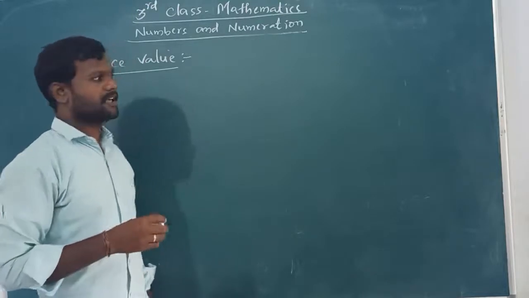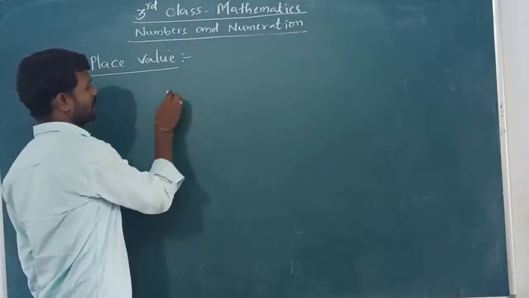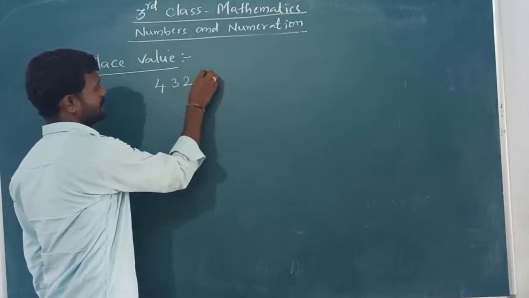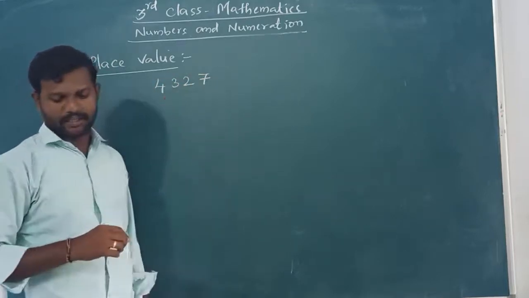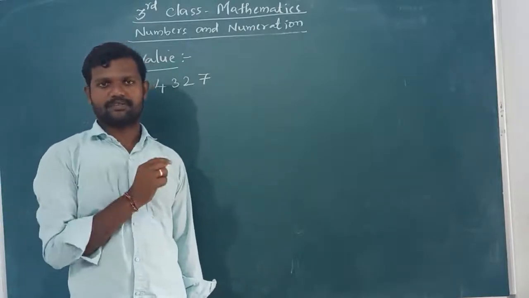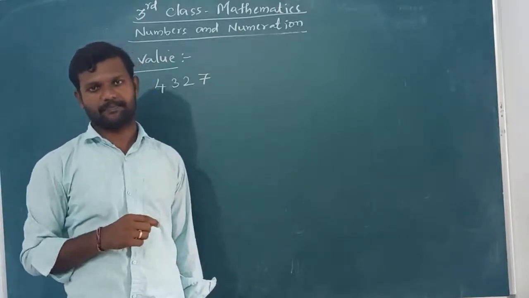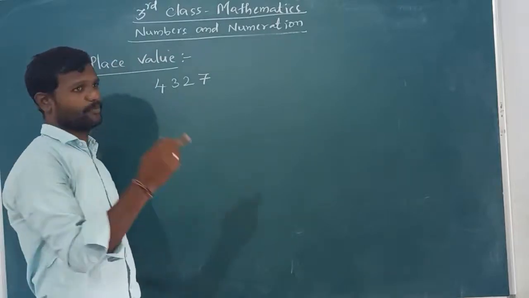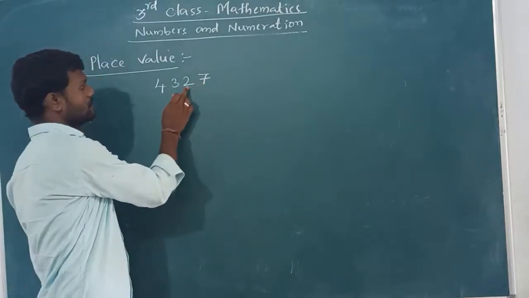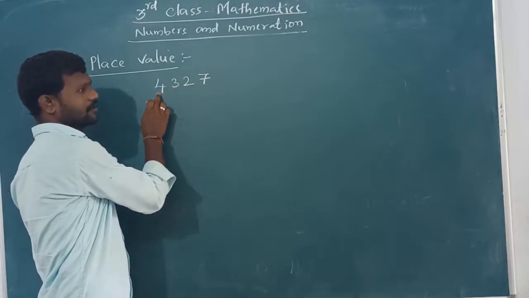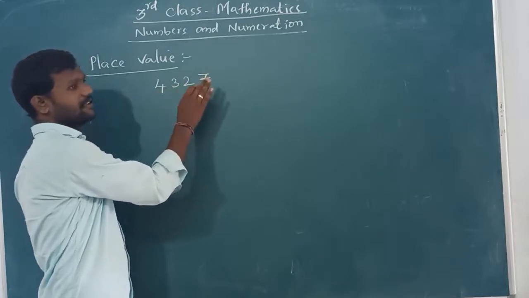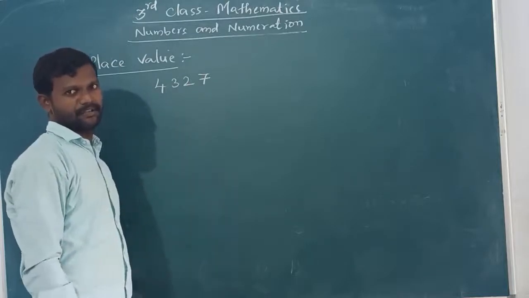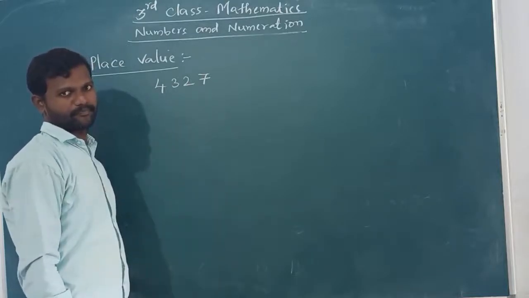Example: a number is given like this: 4,327. How many places are there? How many places means how many digits are there? 1, 2, 3, 4. So each digit is in a separate place. So they have their place values. We want to learn about them.